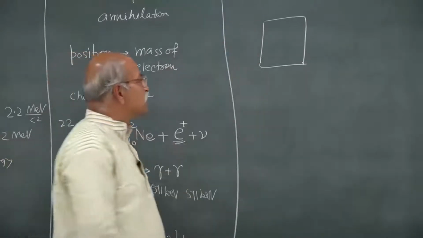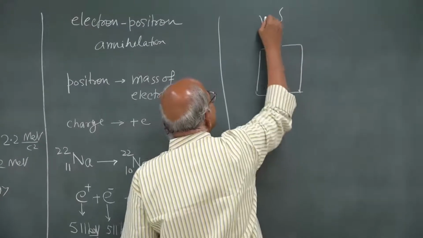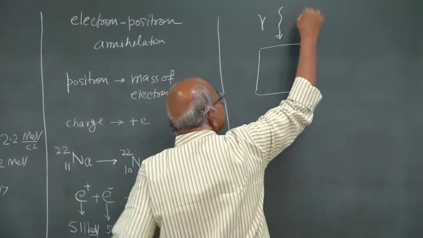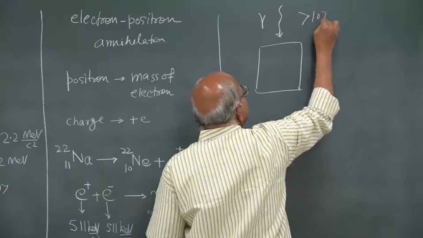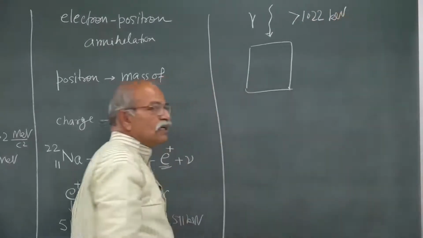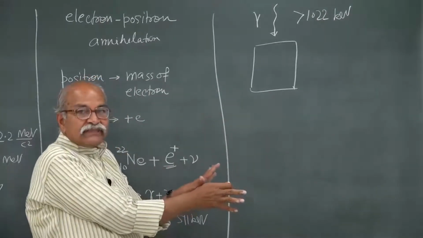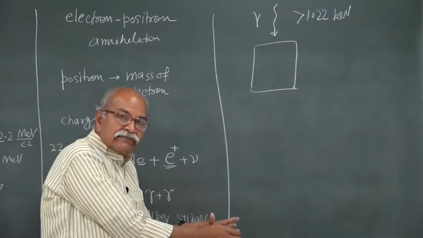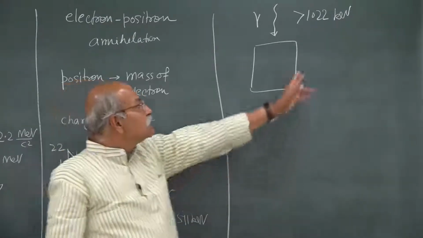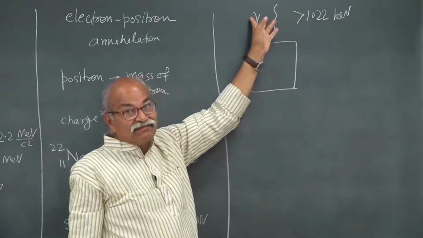So, if you have this kind of detector and if there is a gamma ray coming in with energy which is greater than this 1022 keV, then the detection system detects photons which are this much less than the original energy.